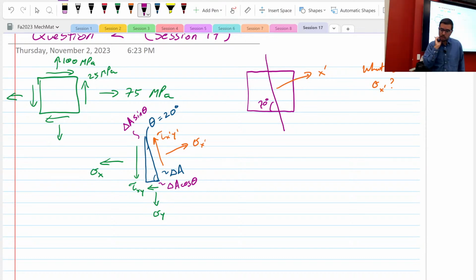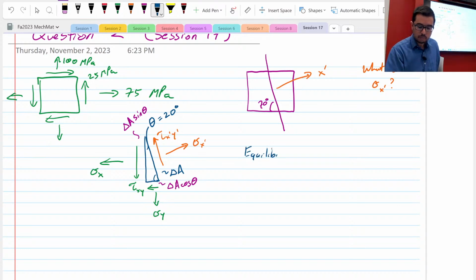Yeah, so let's start thinking about the forces and the contributions, right? So we're going to sum the forces. We're doing equilibrium on forces. If I got that, then I'll do sigma x prime delta A. Okay.